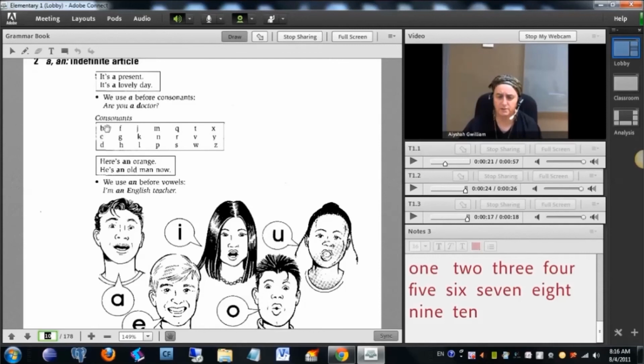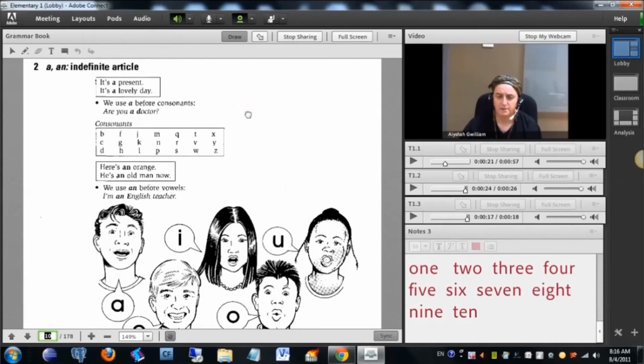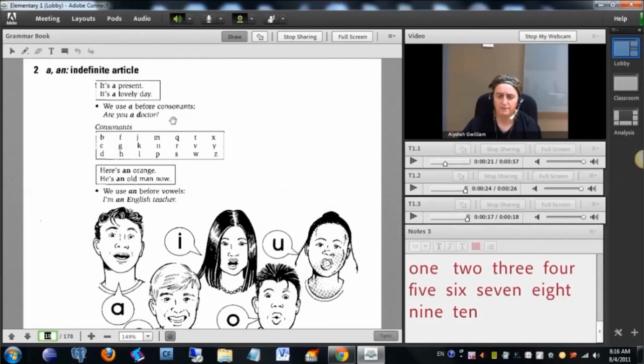Now, when we have a singular noun, we often put before it a, or we can put an. If we have a singular noun that starts with a consonant, we use a. Are you a doctor? But if we have a vowel, we use an.